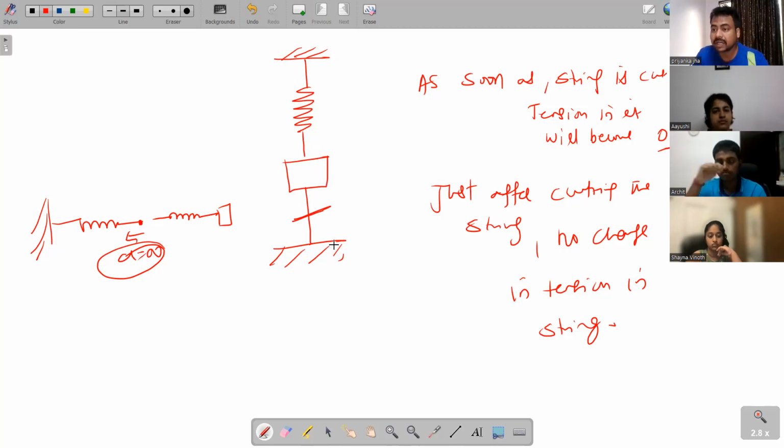Tension will definitely change, but it will take some time. Point is, just after cutting, tension in the spring will remain the same. So the tension in the spring will remain the same. Just remember this fact. Note it down.